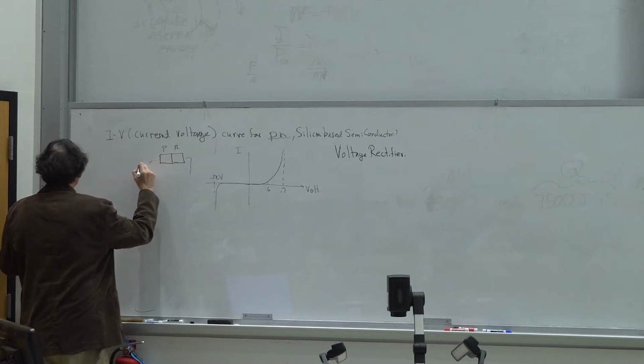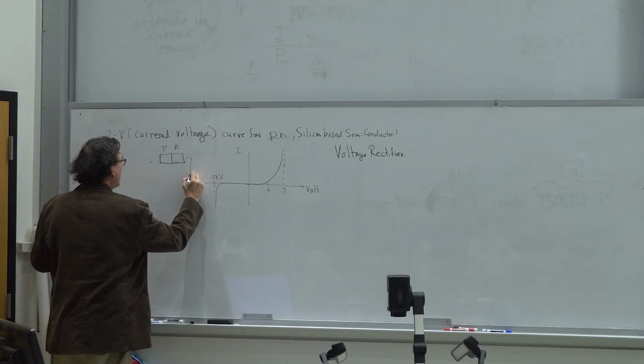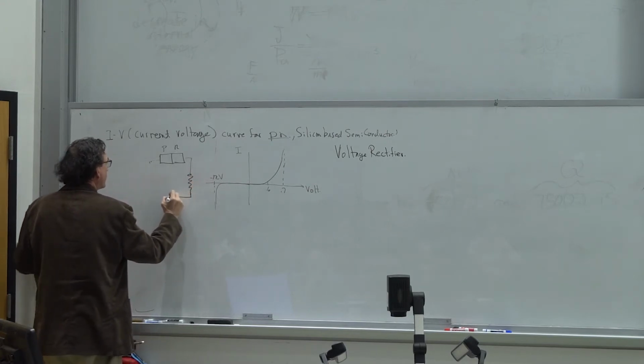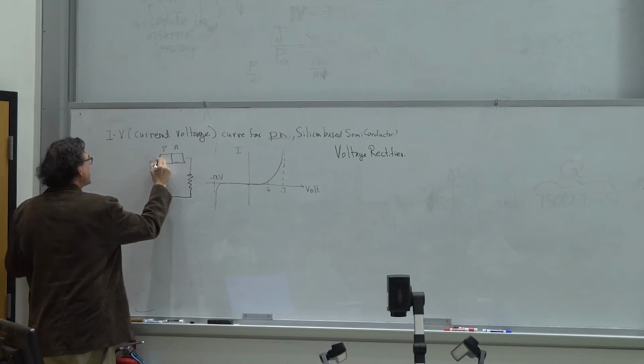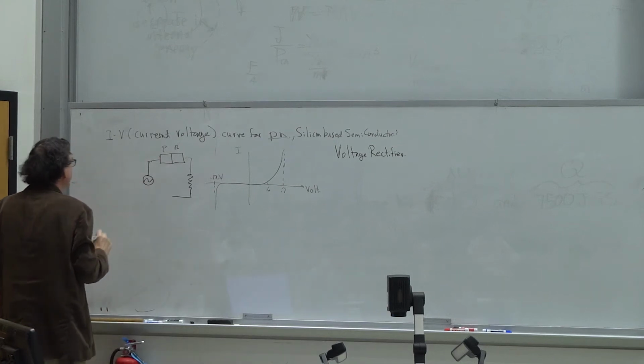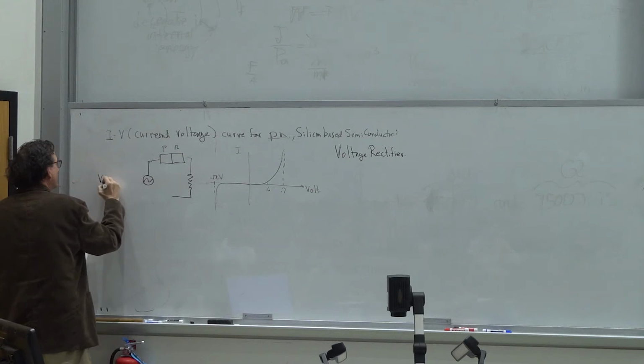But let's say, for example, that what I want to do is rectify, or connect this diode to an AC power source, and this would be some voltage, we'll say V0 times sine omega t.